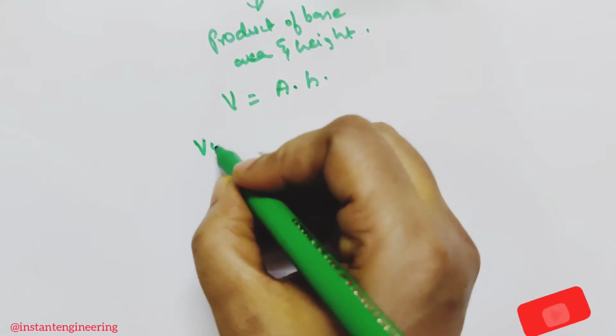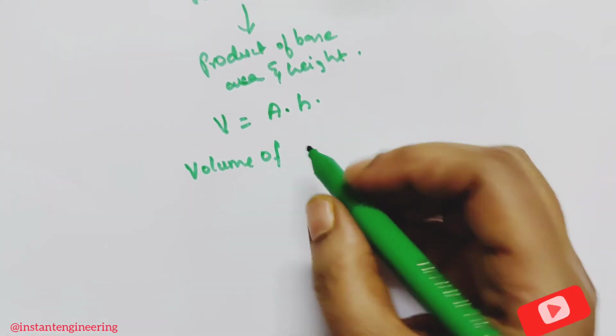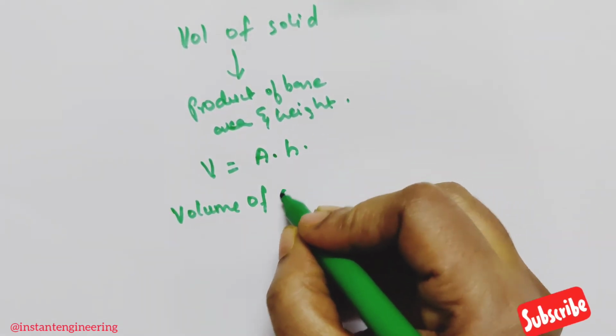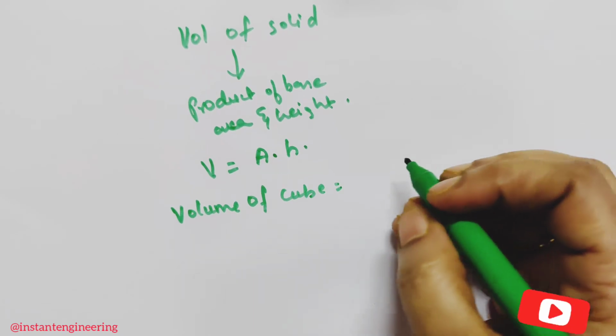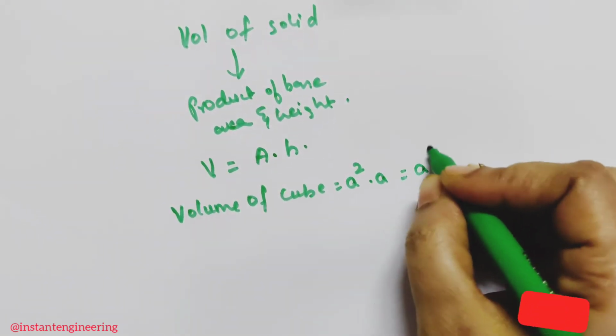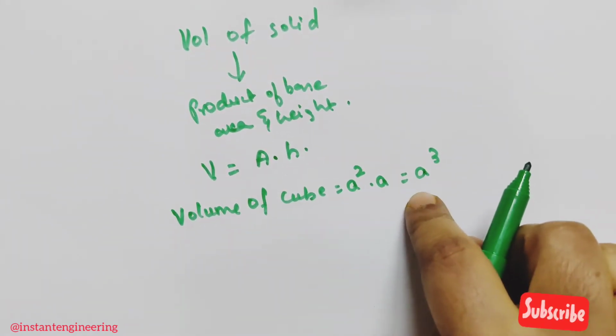So volume of a cube is A square into A, that is A cube. A square is the area, height is also A, so that is A cube.